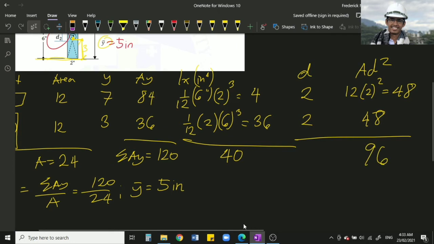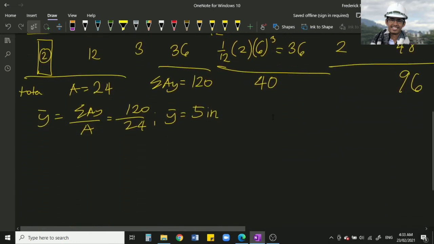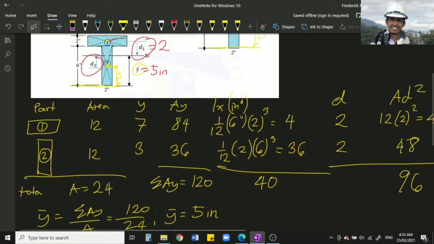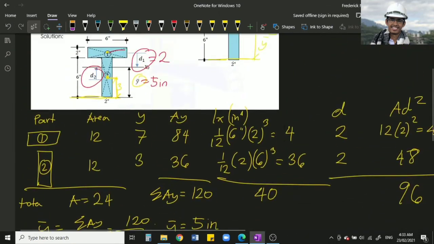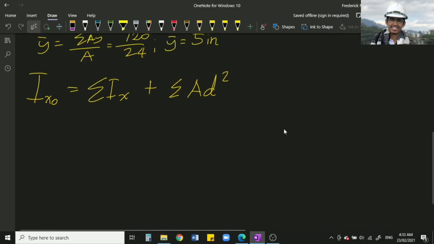Okay. Now we can get na yung kanyang moment of inertia. So getting the moment of inertia ng T section with respect to XO or yung centroidal axis is equal to summation ng ating Ix sa ating individual na parts or sections plus summation ng ating AD squared.